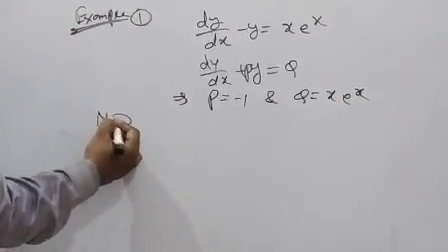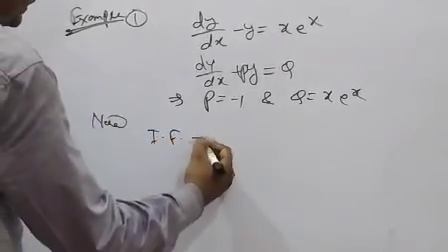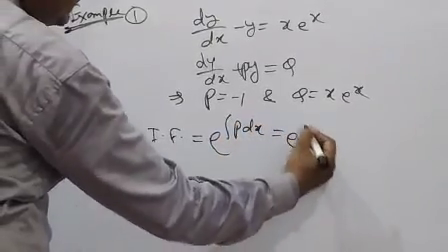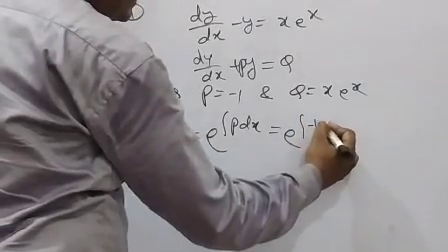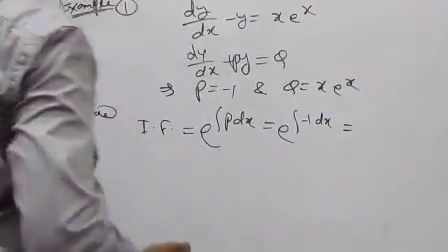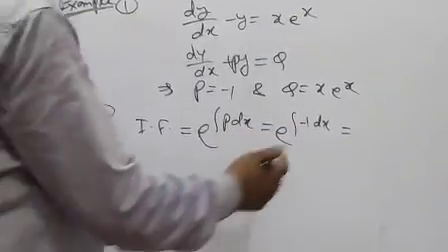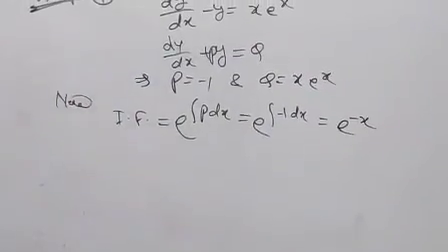Now integrating factor is equal to e power integration of p dx, that is e power, what is the value of p? Minus 1 and dx. Now what is the integration of minus 1? Means e power minus x. Clear?